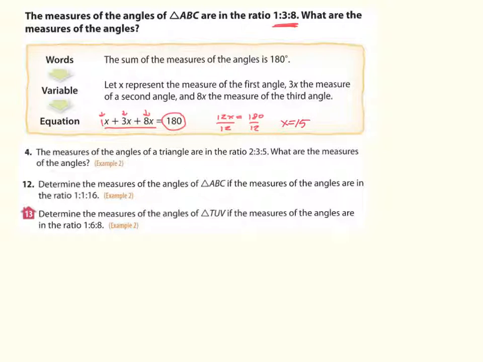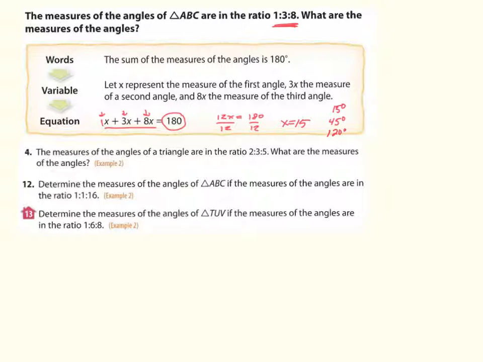So x is 15, and you can use that value to figure out what the angles are. So one angle is 15 degrees. The other angle is 3 times 15, which is 45 degrees. The other angle is 8 times 15, which is 120 degrees.